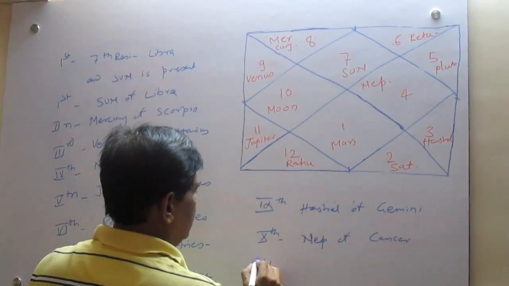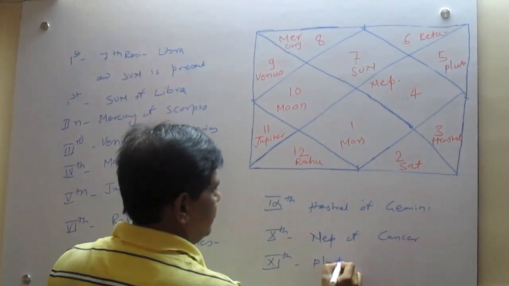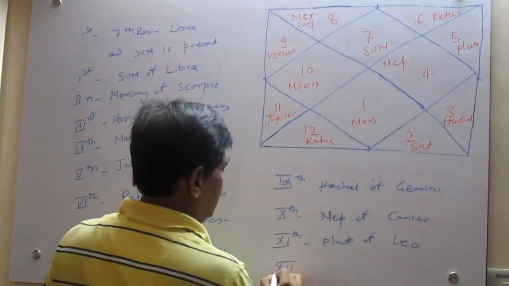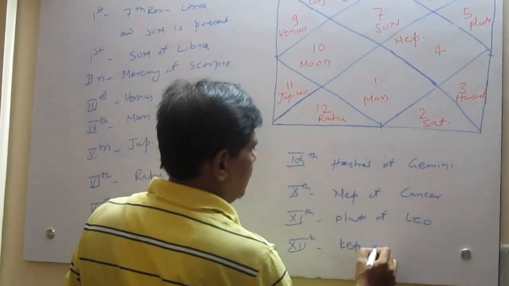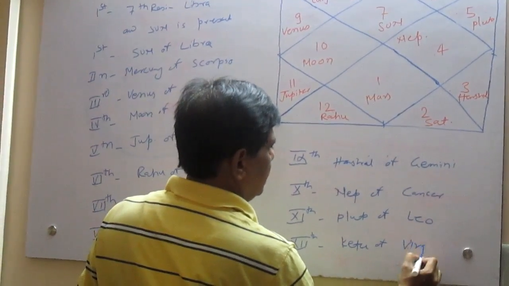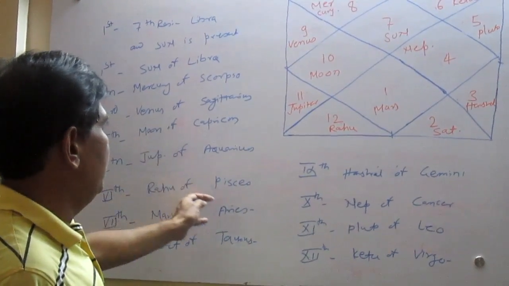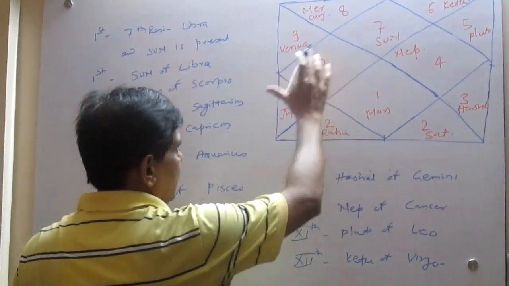In 11th house, Pluto of Leo. And 12th house, Ketu of Virgo. So, likewise, we have to give the weightage to all the houses.